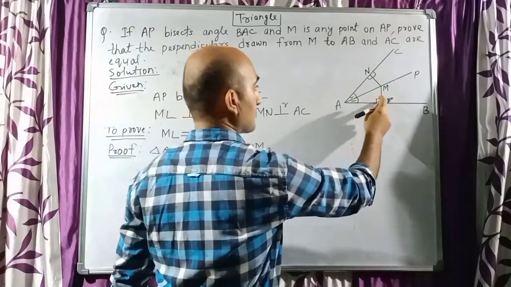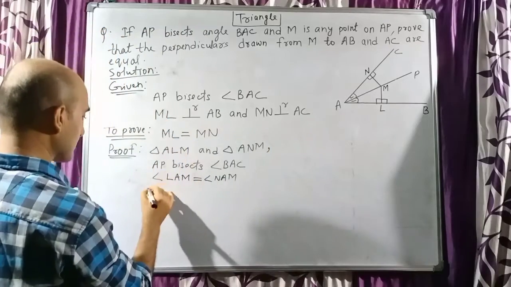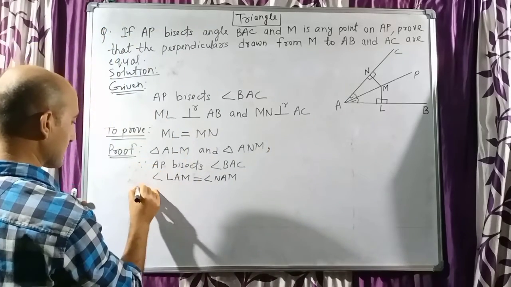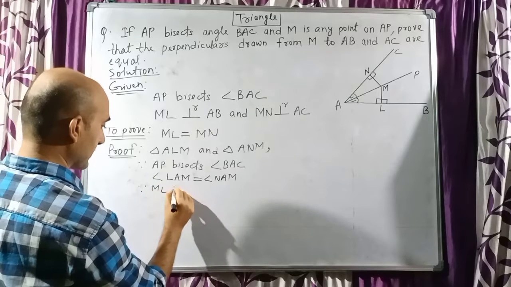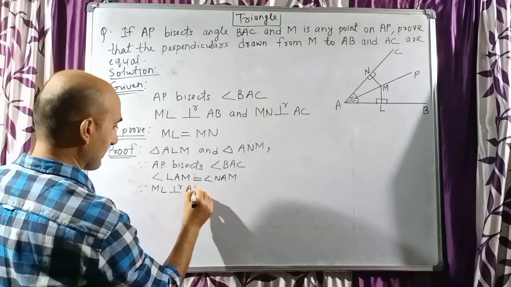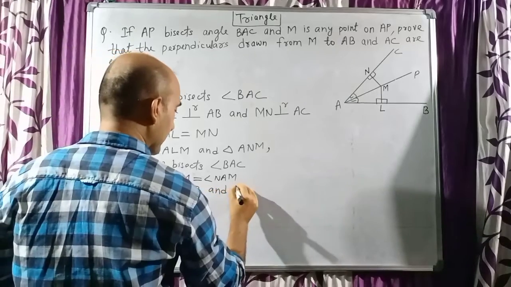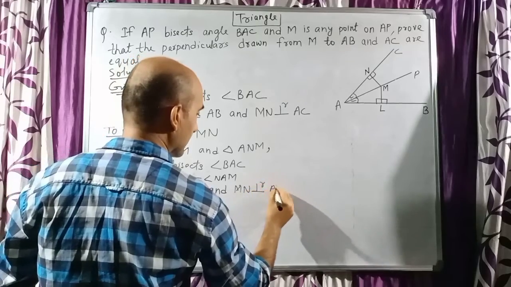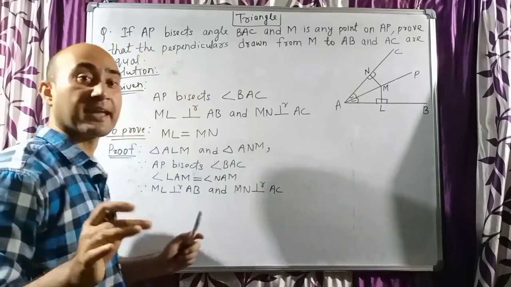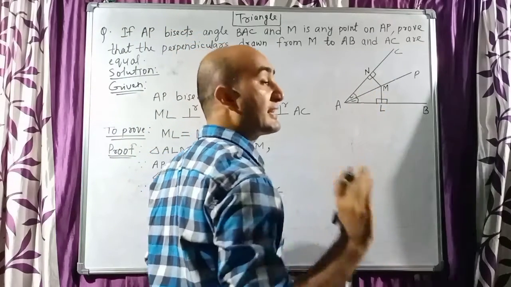Next, it is perpendicular here, which means it is making 90 degree. Since ML is perpendicular to AB and MN is perpendicular to AC, perpendicular means it is making 90 degree at the base. That means these two angles are both 90 degree each.